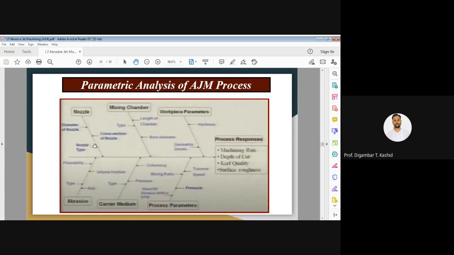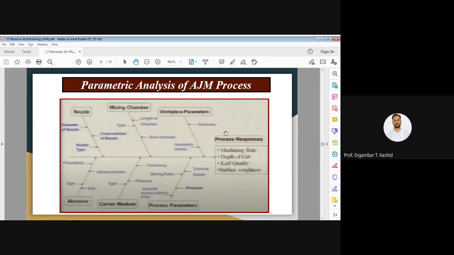Then what type of nozzle you are using, or what type of metal you are using for the nozzle, is the second parameter. Another point is the cross section of the nozzle, whether it is circular or rectangular. These nozzle parameters also affect the performance of this process.